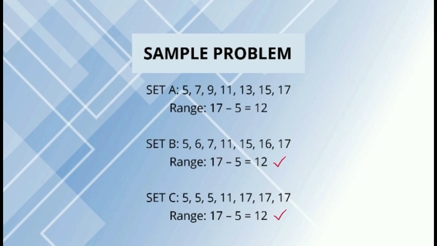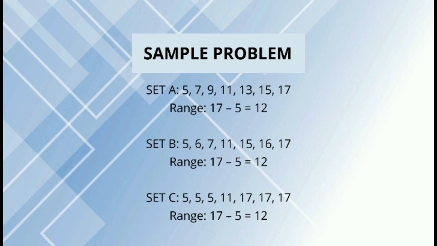As you can see from the answers that we got, the ranges of sets A, B, and C are the same. This would therefore mean that the range is not enough to compare and determine the variation or the distribution of data from the three sets.